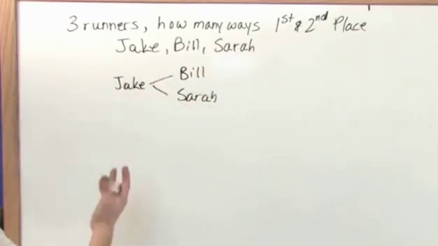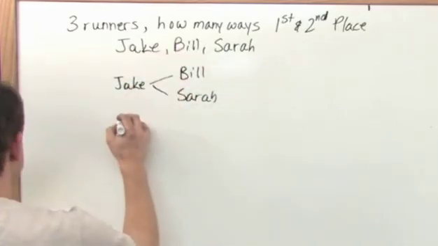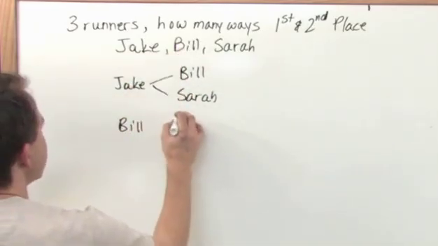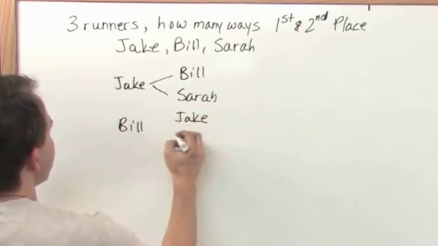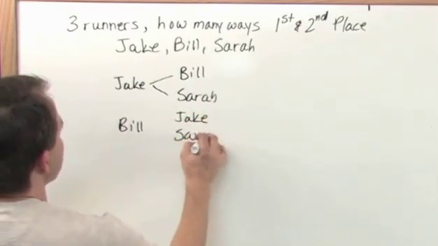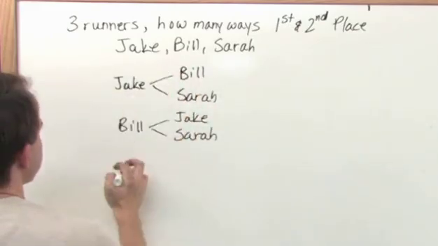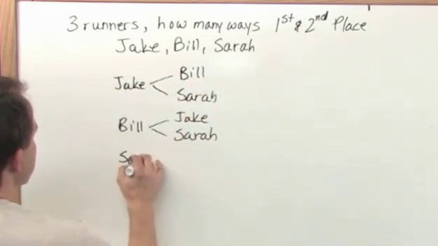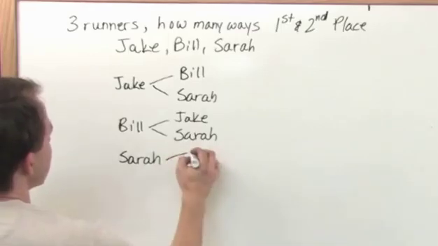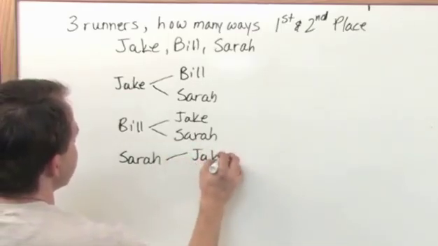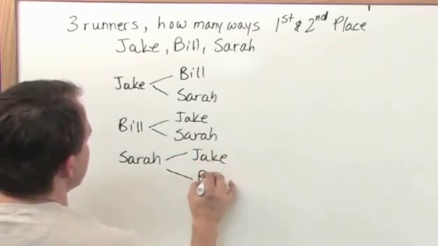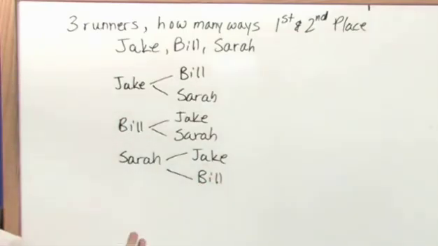And if Jake didn't finish first, let's say Bill finished first, then Jake could finish second, or Sarah could finish second. So this is first place, this is second place. And if Sarah's the one to finish first, Jake could finish second, or Bill could finish second. This is just a review. We did this in the last section, and I'm just showing you for comparison purposes.